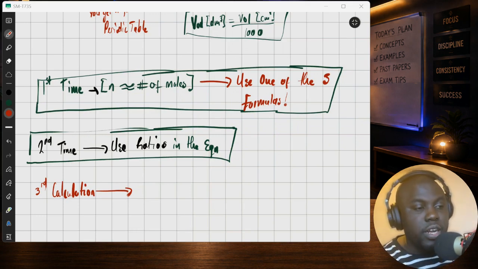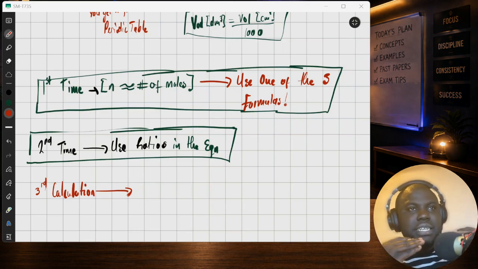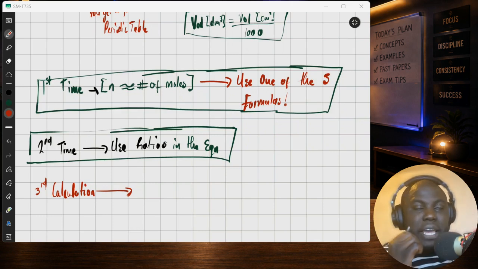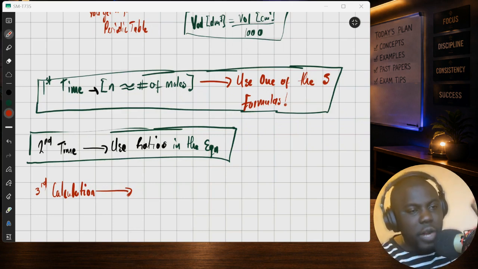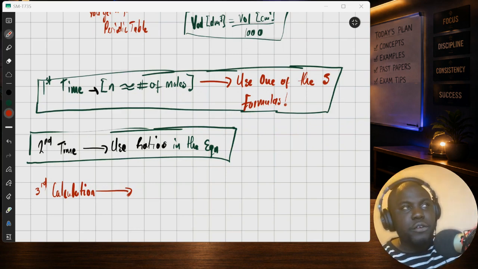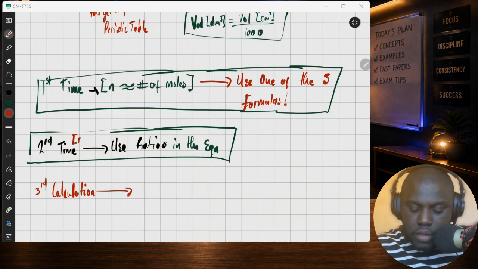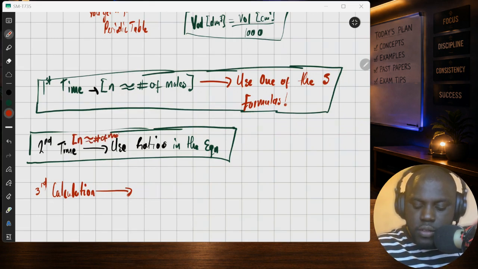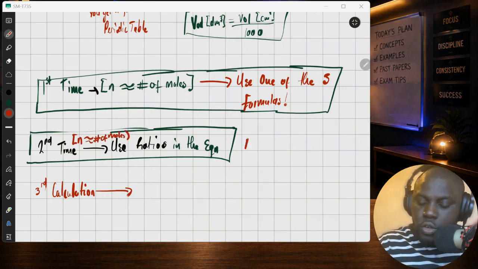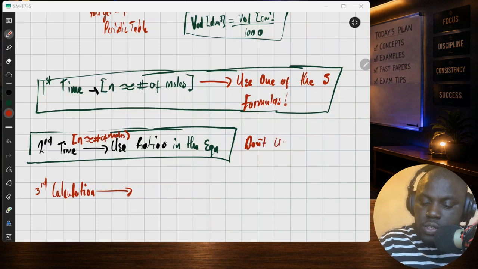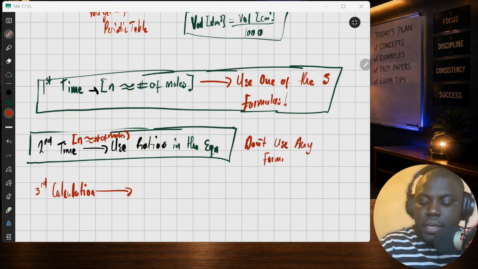They don't work. The second time you're finding moles in any past paper question, use ratios. I'm going to teach you how. Don't use any formula, please. You will be in trouble if you do.